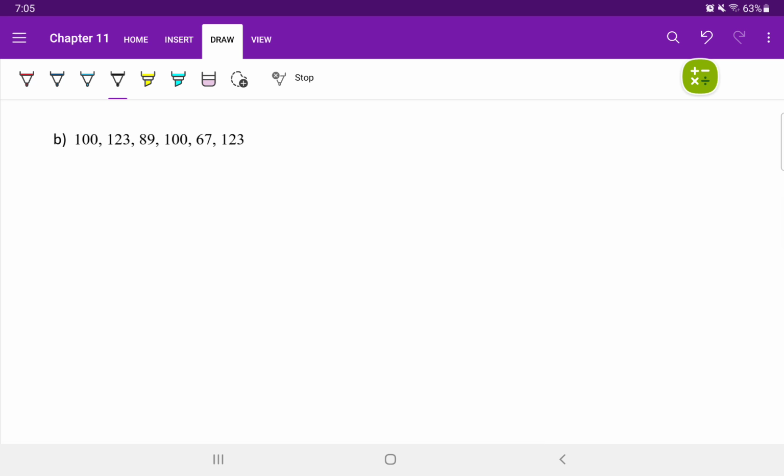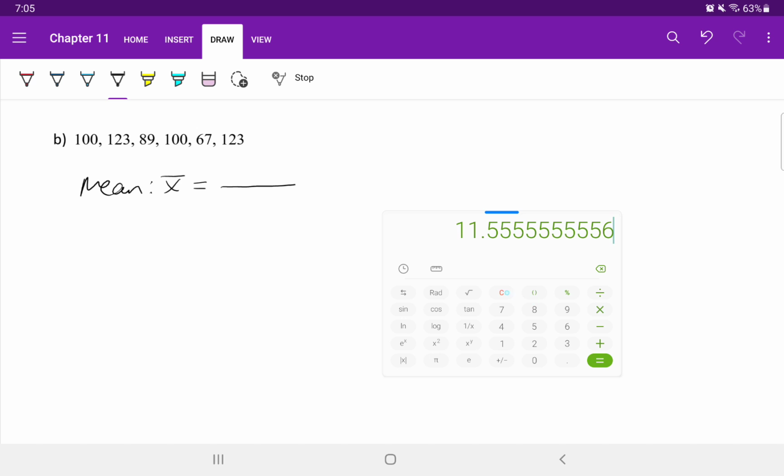B, same thing. Let's find the mean. X bar equals the sum of my data values. So 100 plus 123 plus 89 plus 67 plus 123. I missed a value, did I not?